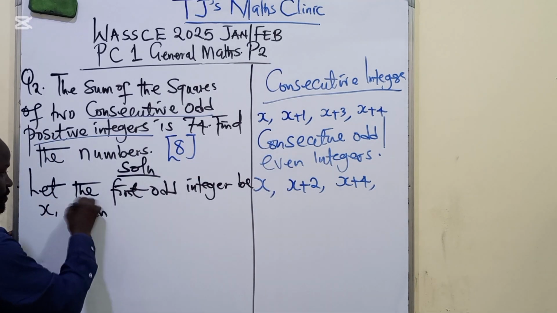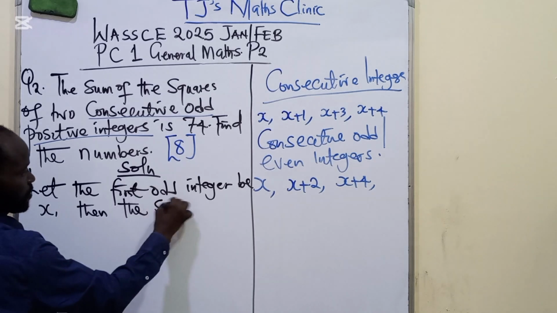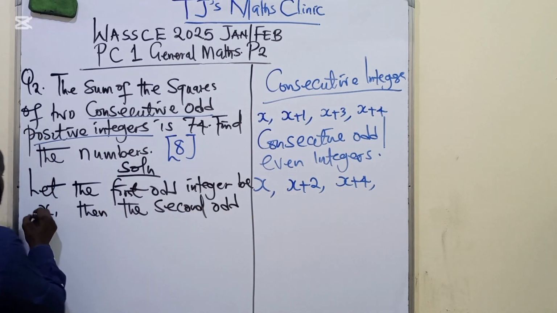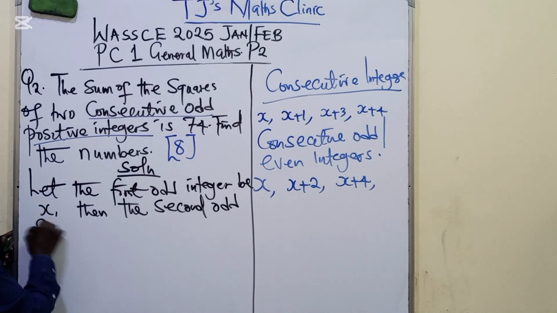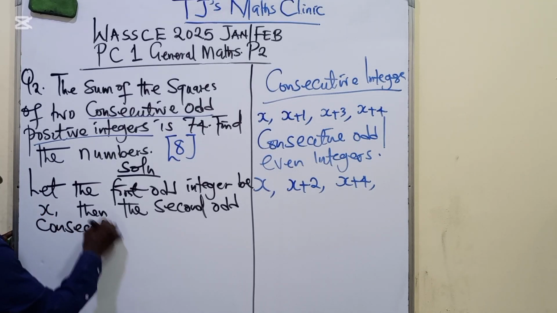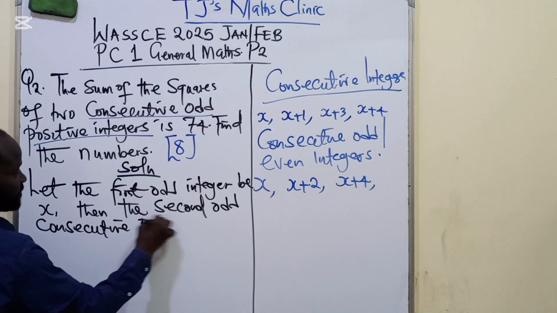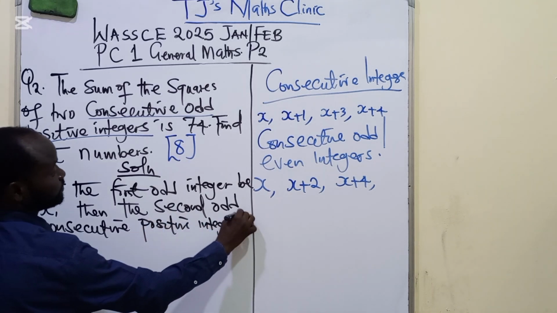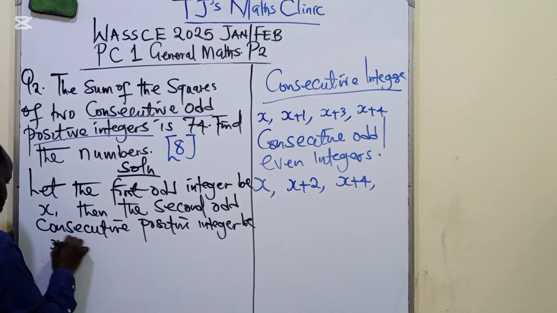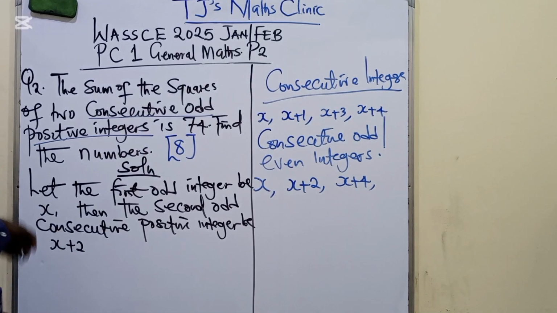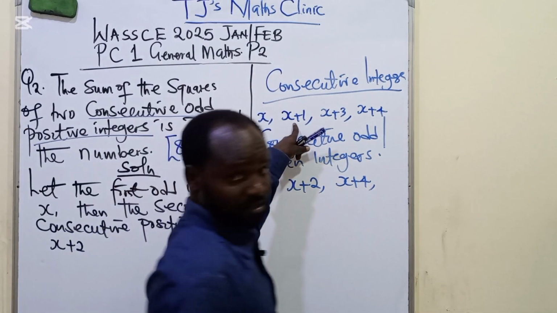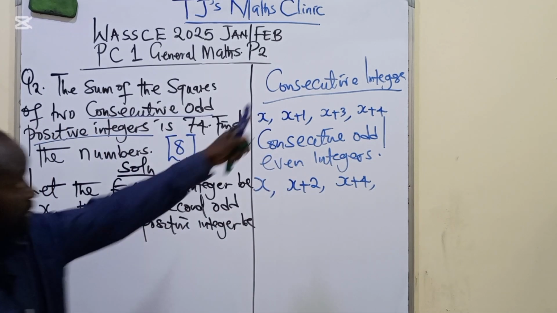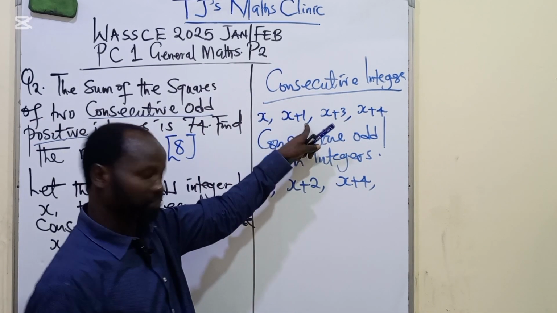Then the second consecutive odd positive integer will be what? It will be x plus 2 now. We have to use x plus 2, not x plus 1, because we are talking about odd positive integers. But if we talk about consecutive integers, we can use x plus 1.